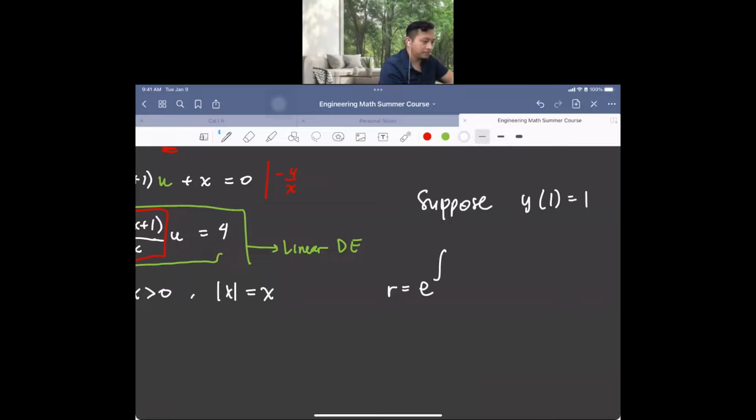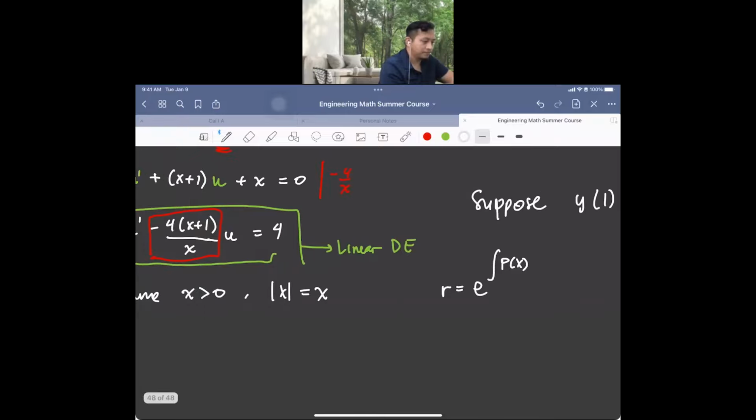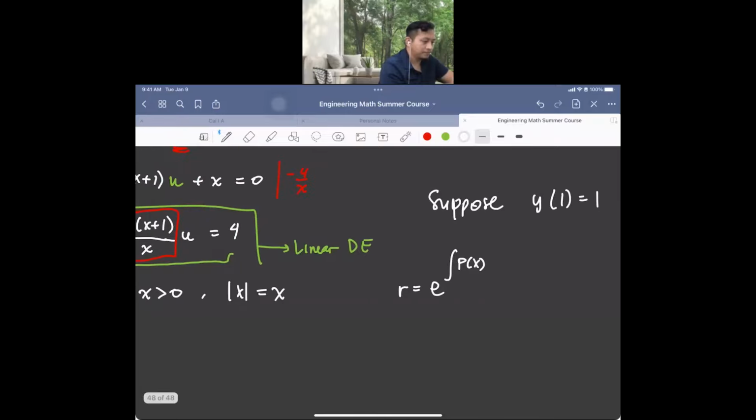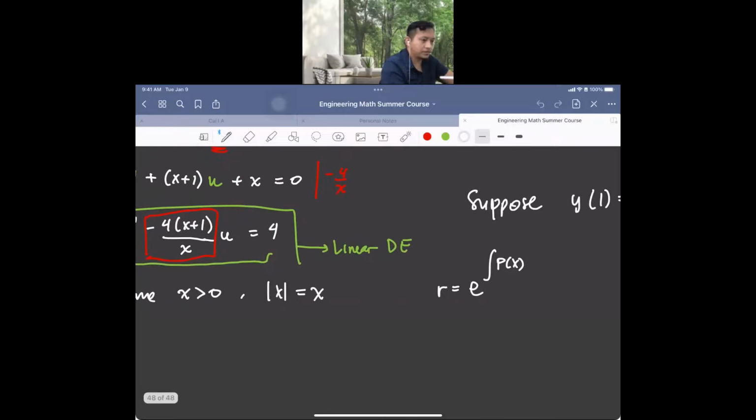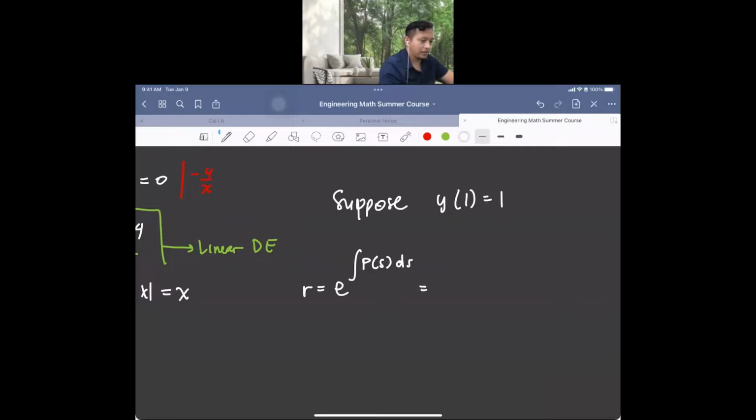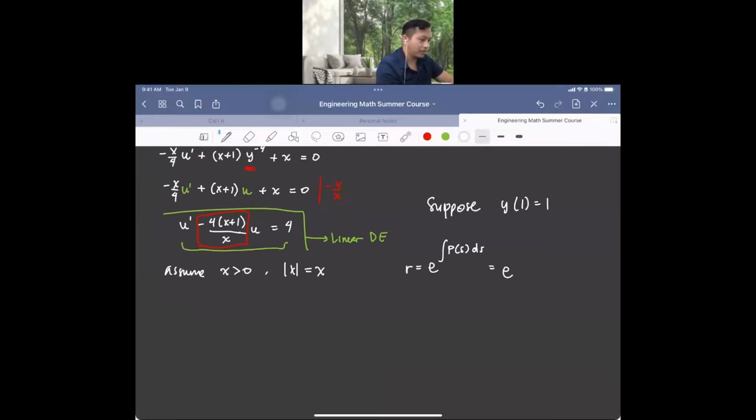That is e to the integral of p of x. Let's use the variable s, and let the lower limit be x equal 1.